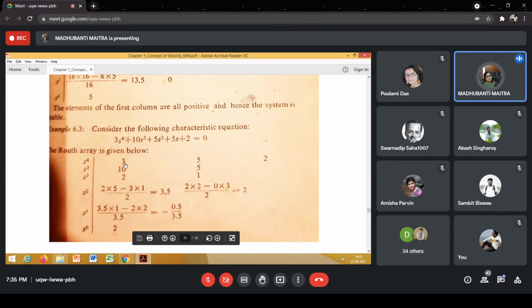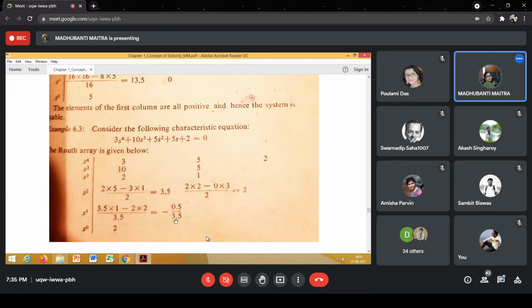You see here a0 is positive, which is plus 3, but a term appearing in the first column of the Routh array is negative. So as per the Routh stability criterion, our conclusion about the stability of the system will be that the system is unstable, right?